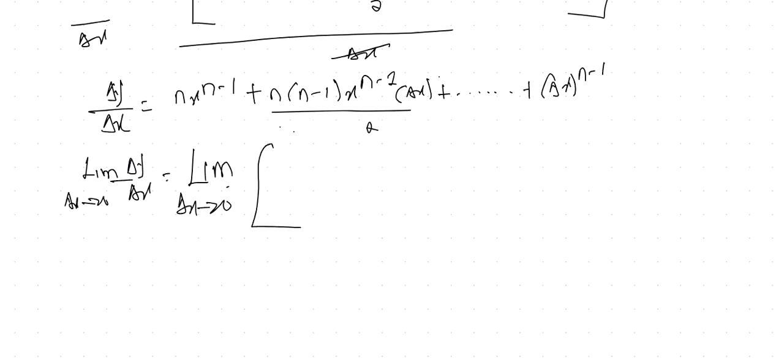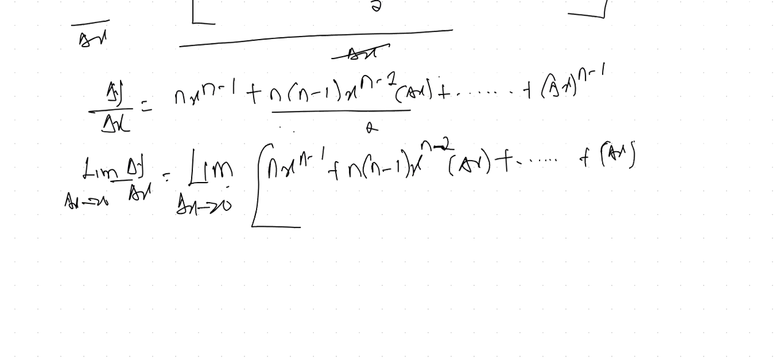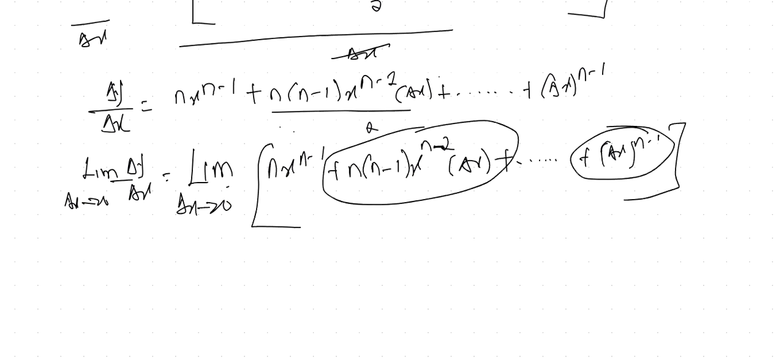So n into x^(n-1), then plus n into n minus 1 multiplied by x raised to the power of n minus 2, then changing x, and then plus continuously like that, till you have changing x raised to the power of n minus 1. So of course, everything here will become 0, everything like that continuously will become 0.